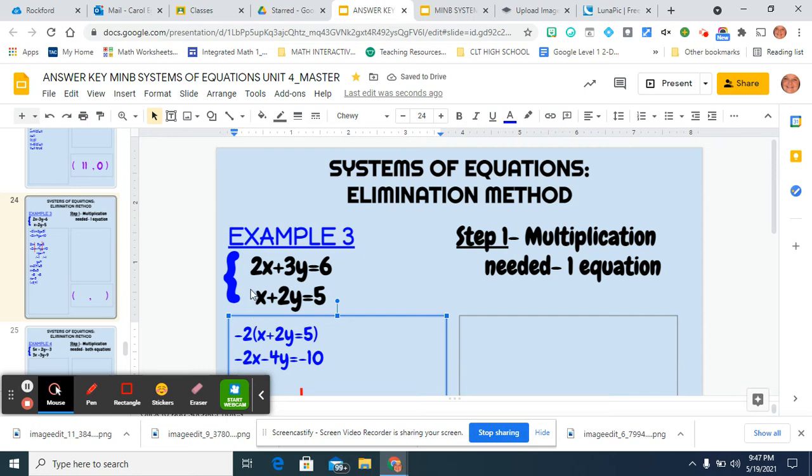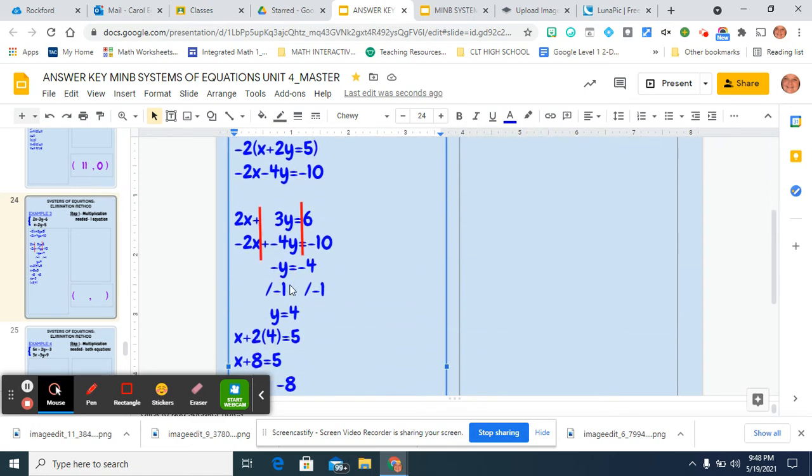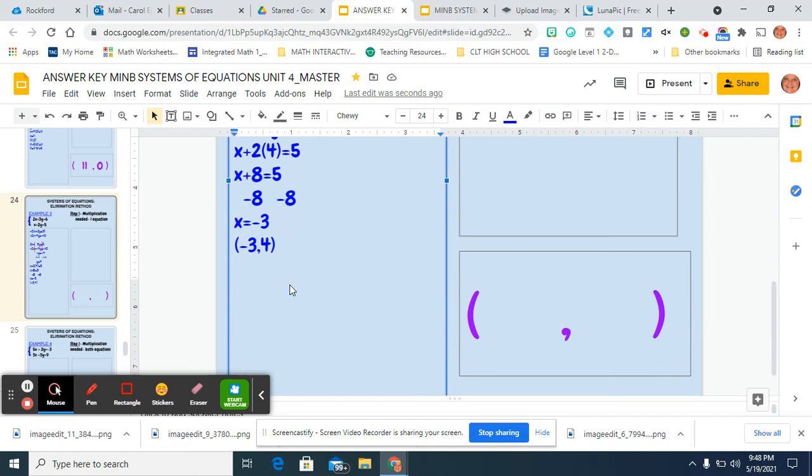I didn't use the top one, 2x plus 3y equals 6, to solve for the second variable. By switching it up, I ensure that the solution I have is a true solution for both equations in the system, because I'm looking for the in common solution, if one exists.